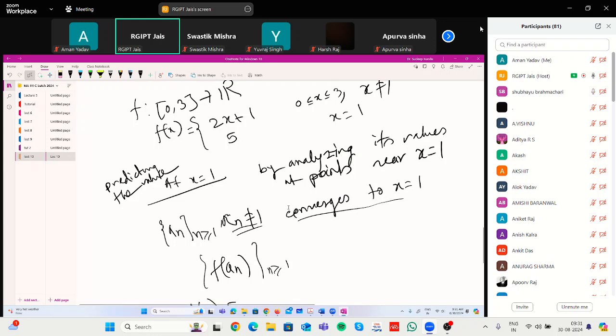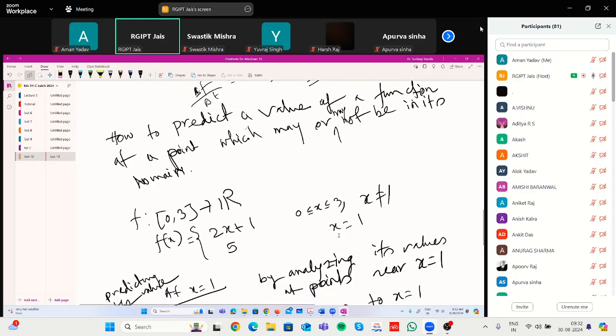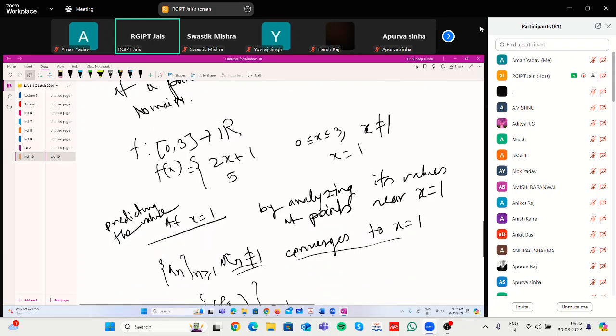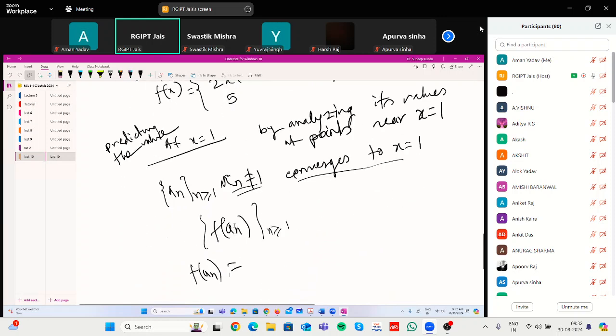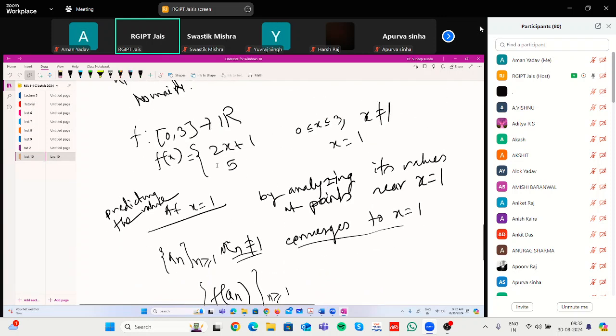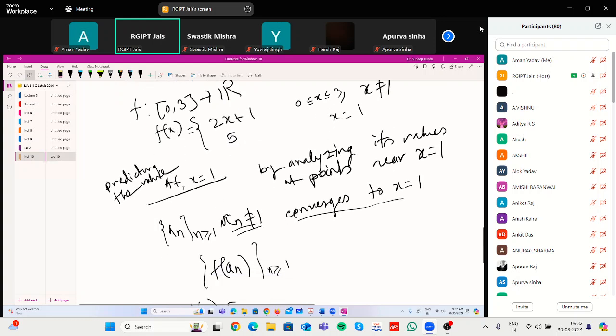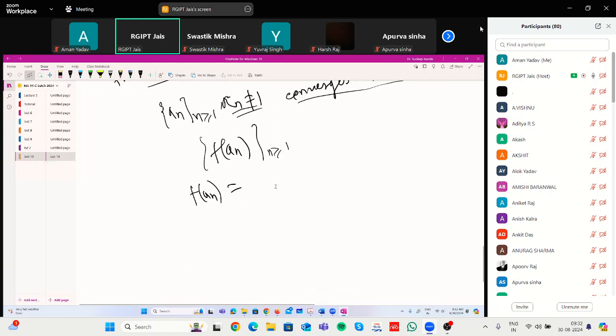So a_n is any sequence where a_n not equals to 1 converges to 1. a_n is any sequence which converges to 1, because at one point you have to predict the value by analyzing its nearby points. We have considered one sequence that converges. Now you are checking what is happening with the sequence f of a_n. So f of a_n is what sequence? This one.